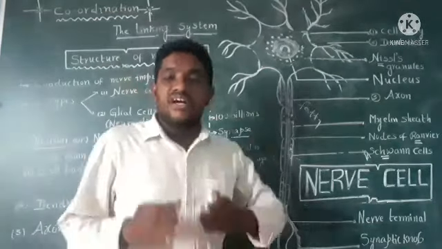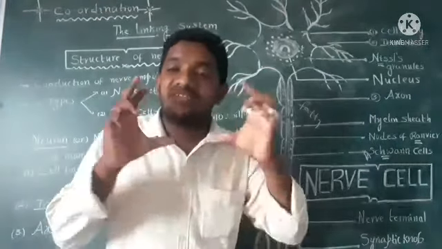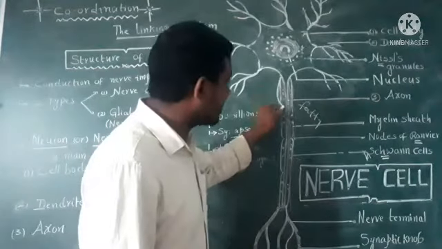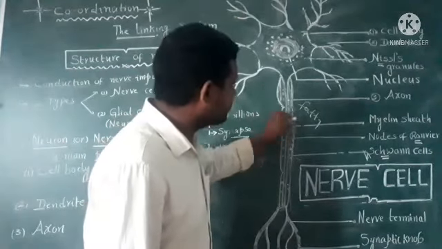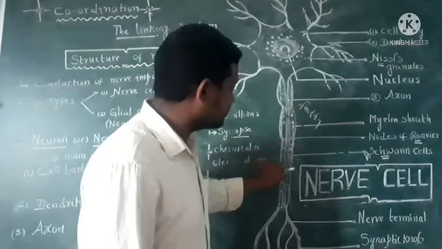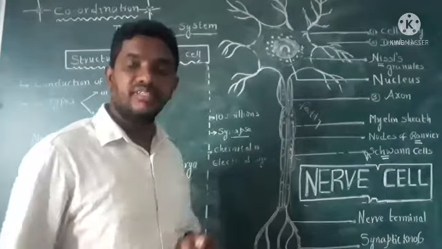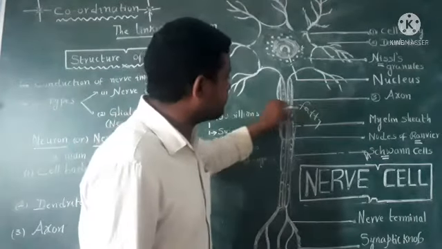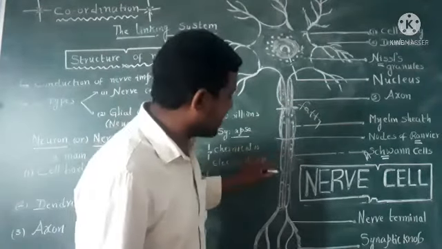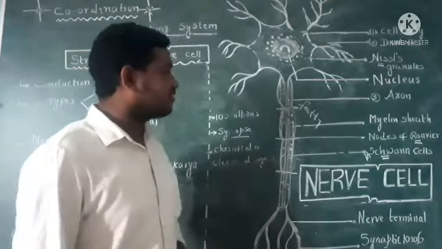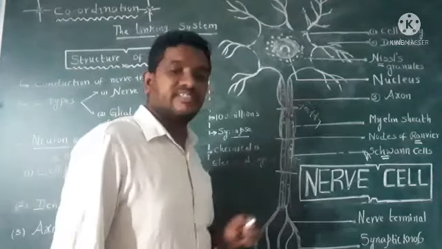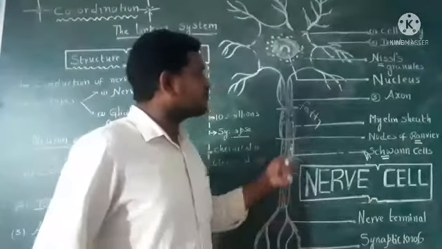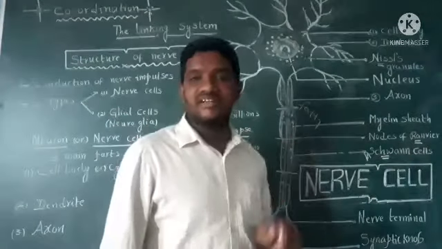some regular intervals are present, some interruptions are present. See, some gaps are present between these cells. This is the gap. The small interruptions at regular intervals are called nodes of Ranvier.